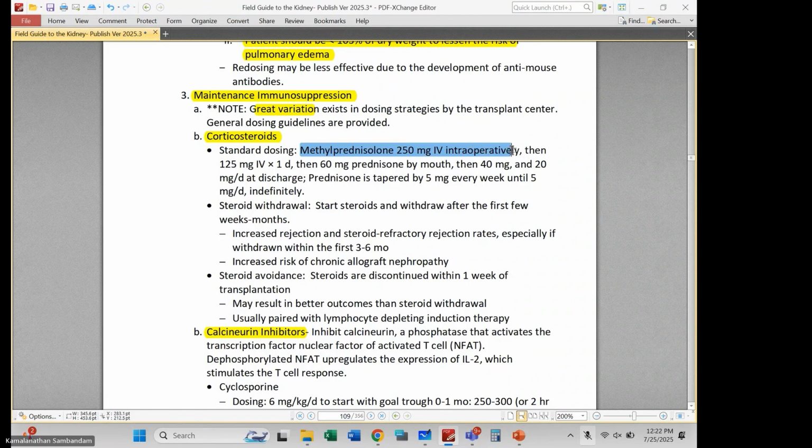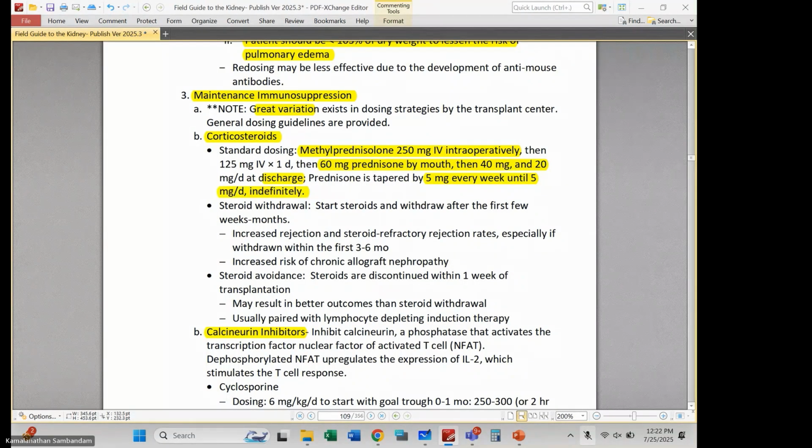Typically, it involves some amount of solumedrol dosing that starts in the OR at the time of the transplantation itself, and then a fairly rapid taper in prednisone, such that by discharge, many patients are on just 20 milligrams of prednisone at discharge, and then knock it down by 5 to 10 milligrams, usually 5 milligrams per week, something like that.